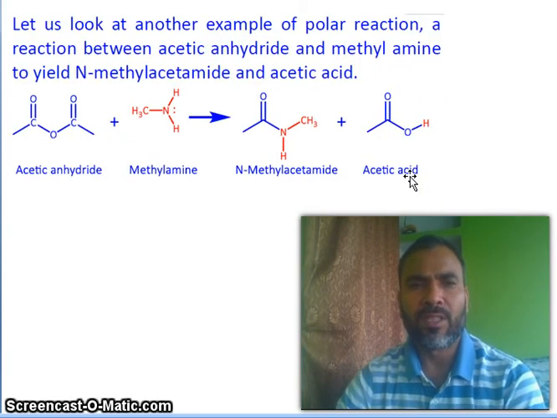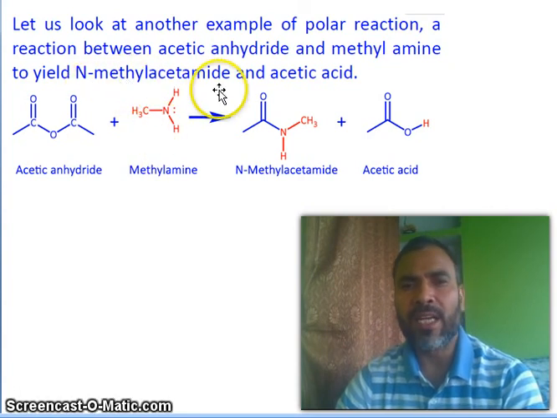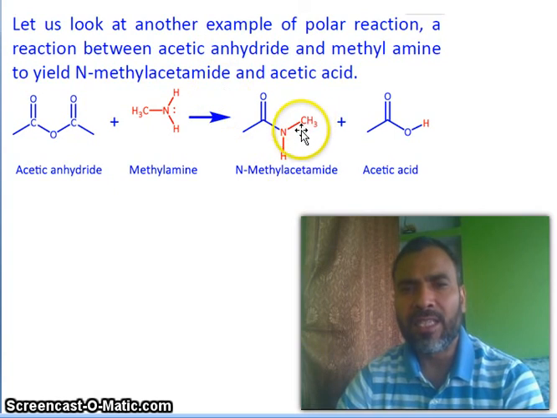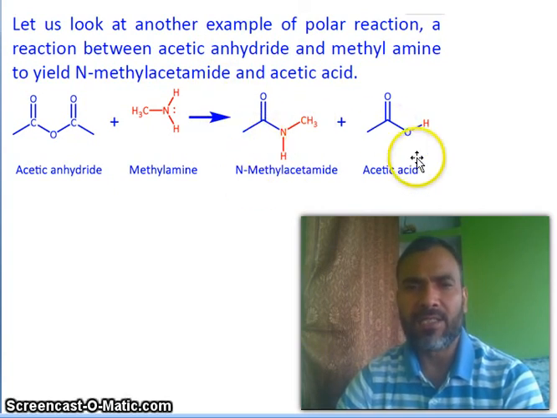Now let us look at another example of polar reactions. The reaction between acetic anhydride, this one is acetic anhydride, and methylamine, this one is methylamine, to yield N-methyl acetamide, this is N-methyl acetamide, and acetic acid.